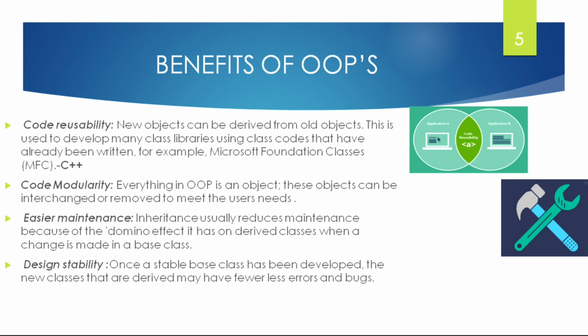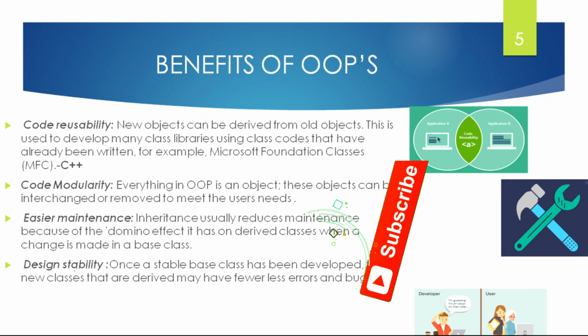So if you have one stable base class and you create new derived classes, they may have only a few errors, because we are deriving the content from the base class to the new classes. So it has stability in the content. I think it has good design stability.